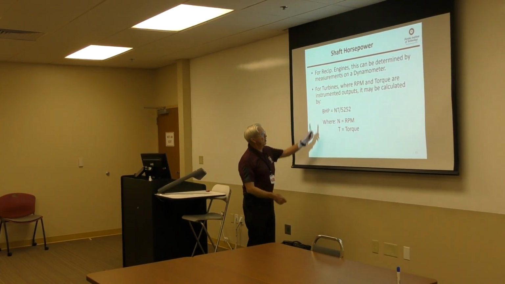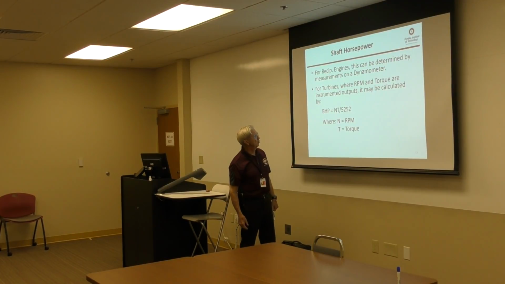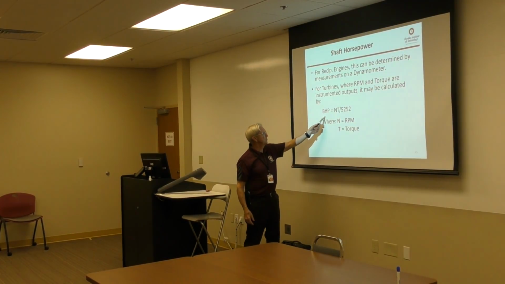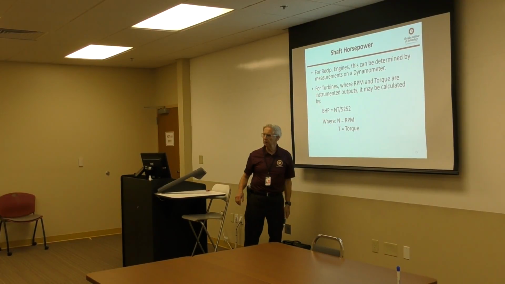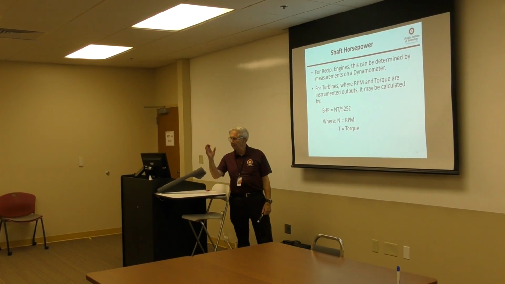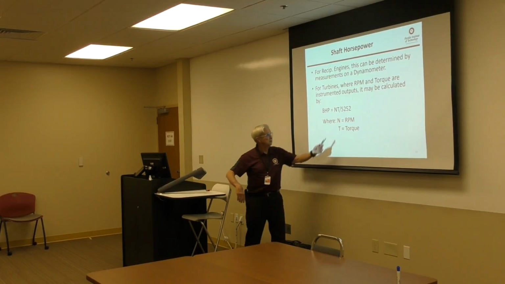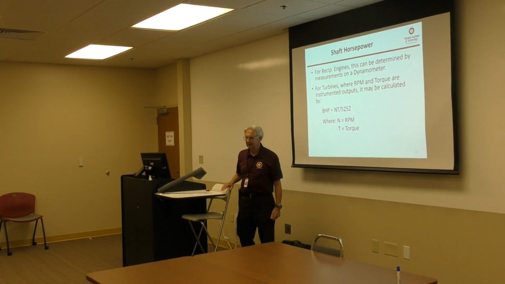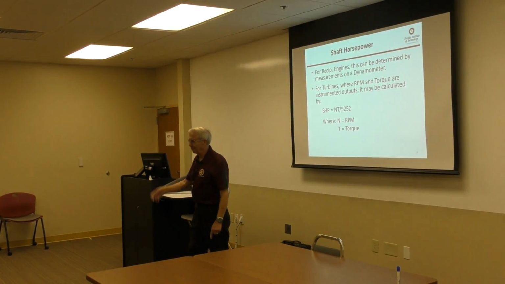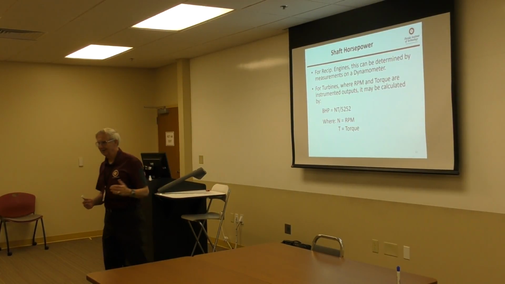That sort of thing. On turbines, they kind of come with their own, and that's kind of neat because then the horsepower output is just the RPMs times the torque, which you have a meter that tells you the torque. You divide that by 5252 and you've got the shaft horsepower. So turbines driving a propeller are a lot easier to determine the horsepower.